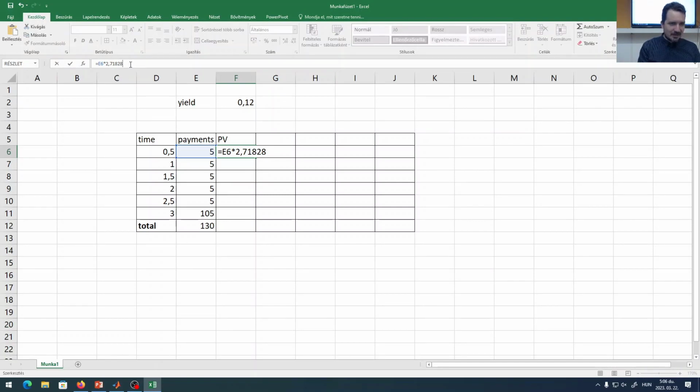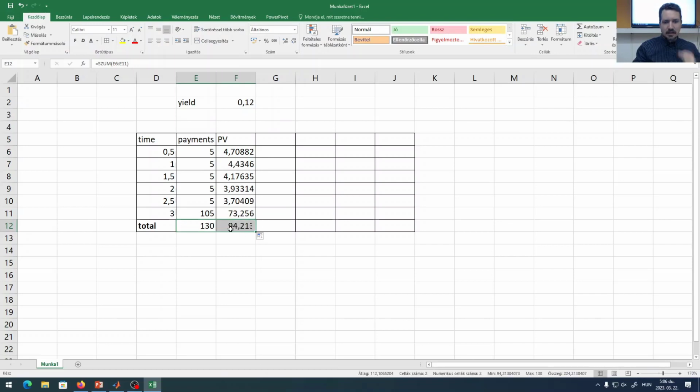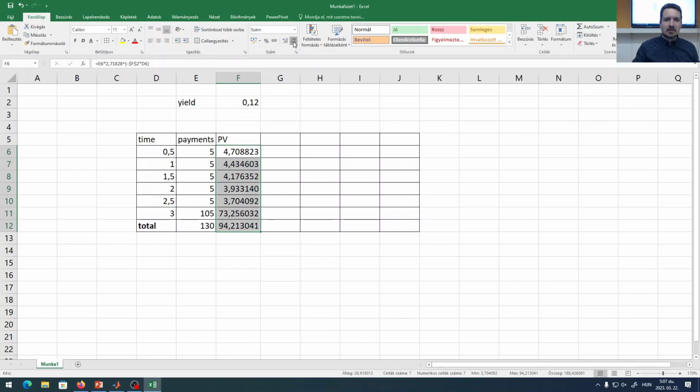Well, practically we are doing the same thing, just with some extra steps. Negative is multiplied with this one, and also we have to fix the F2 here because otherwise it will be tricky. And just after that we can see what the present value is here, and let's make it fancier, so we are just using 4 digits.